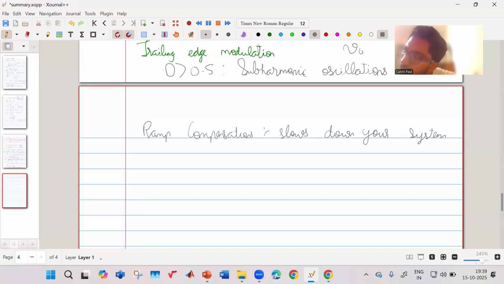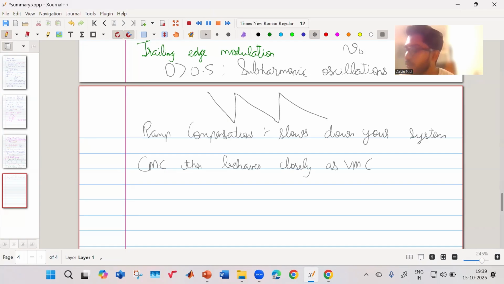So if you use a very large ramp, like if this ramp is very steep, then it will slow down your system, and your current mode control then behaves closely as voltage mode control.